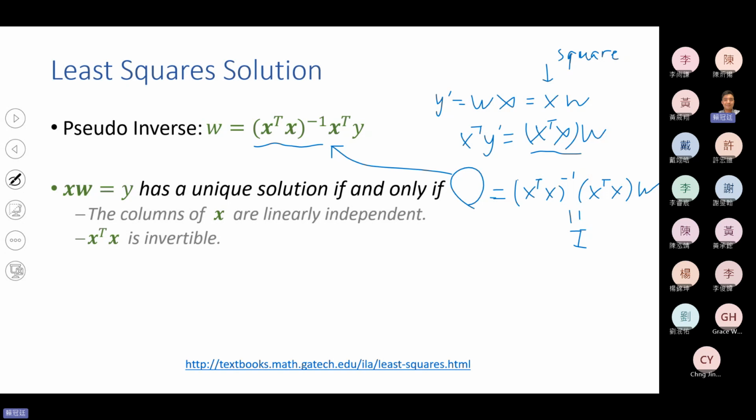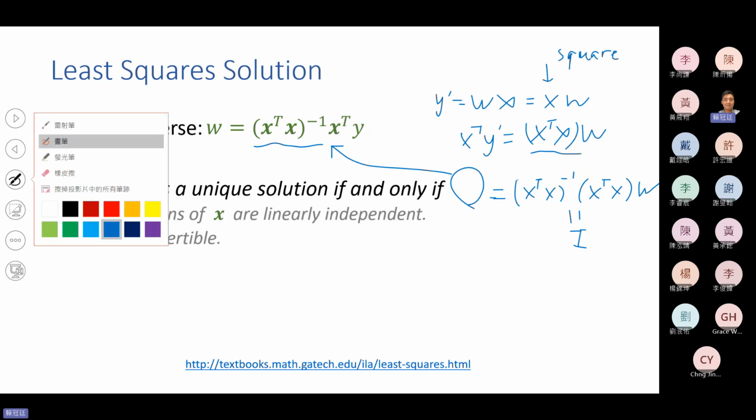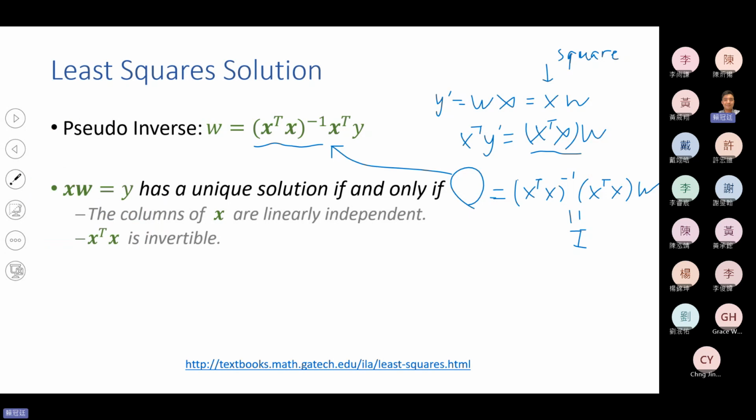But X transpose multiplied by X is not guaranteed to have a unique solution. If you want a unique solution, if and only if the columns of X are linearly independent, then X transpose X is invertible.